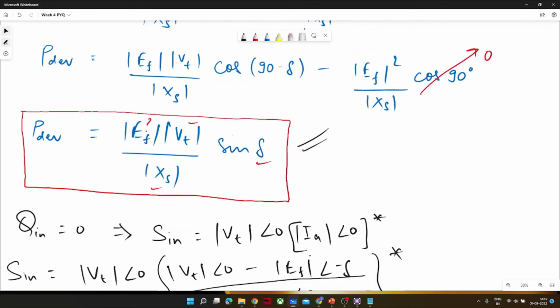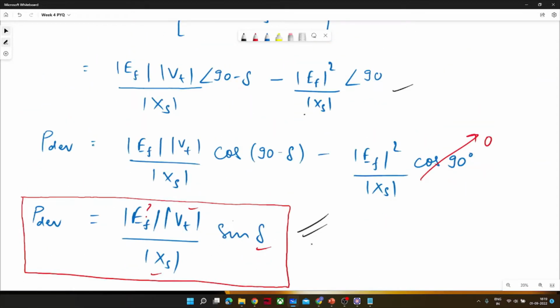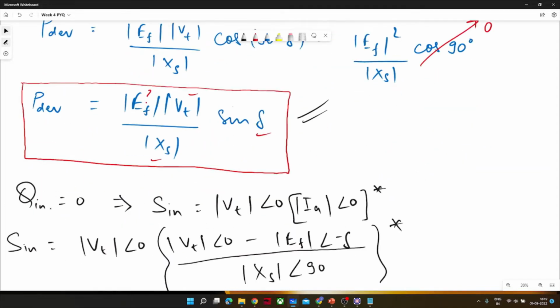So now, in the problem, it was said that the power factor is unity. It means no reactive input power is coming from the supply, right? Because unity power factor means only real power is coming, no reactive power. So that is why I exploited this condition in the problem.